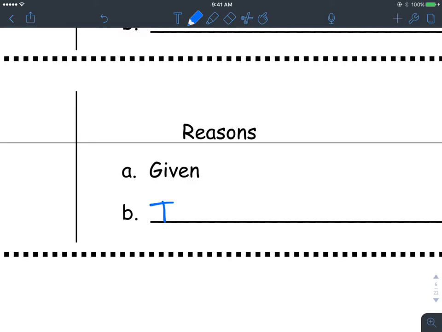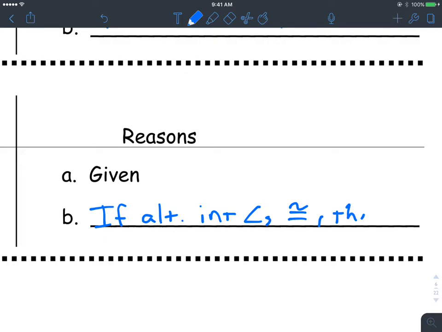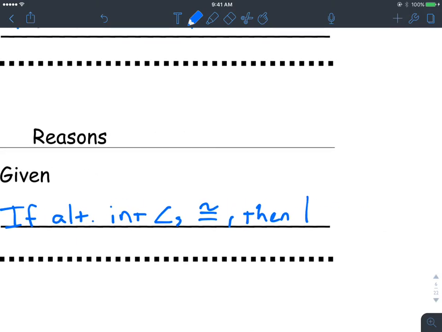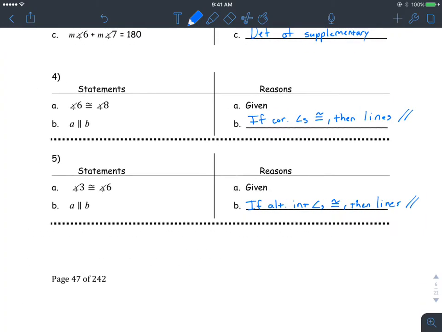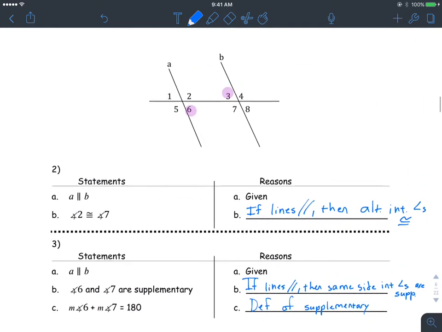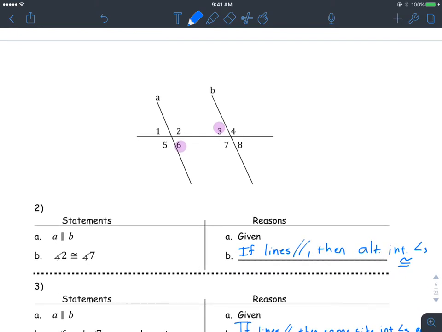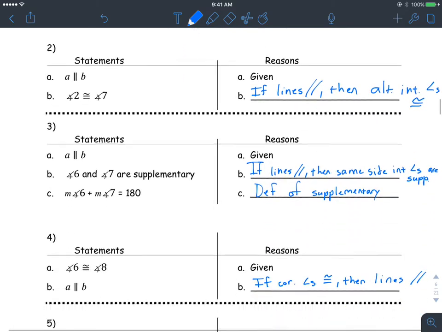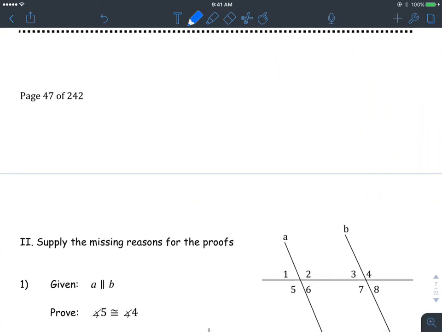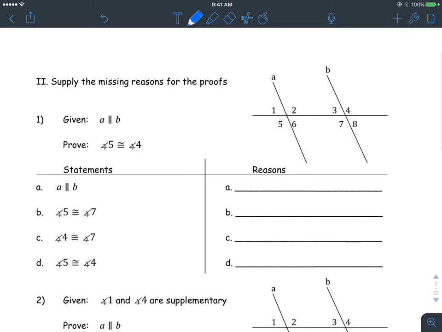So if alternate interior angles are congruent, then your lines are parallel. That's it right there. So those are pretty straightforward, just one or two steps, some of them are two-step proofs, but really not much going on there. Pretty straightforward.